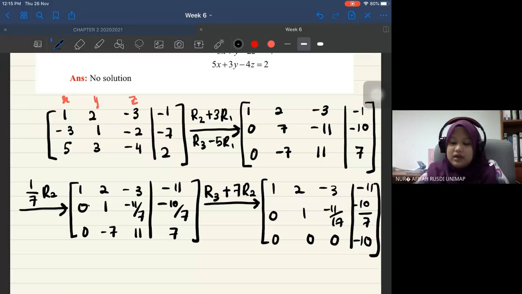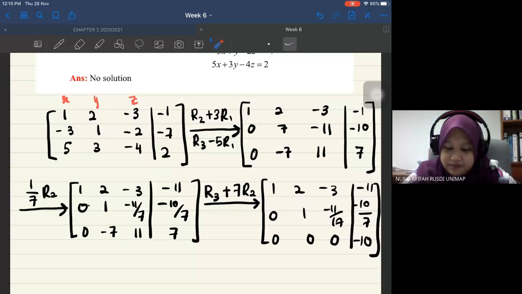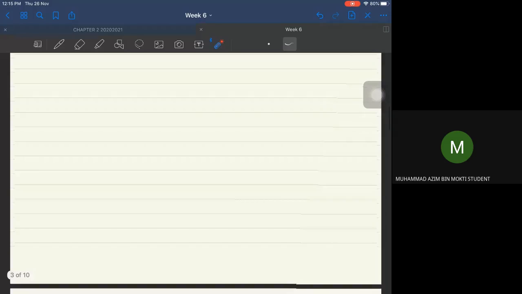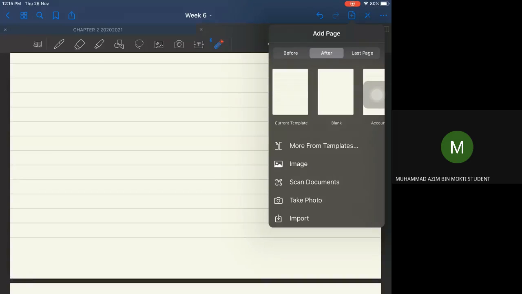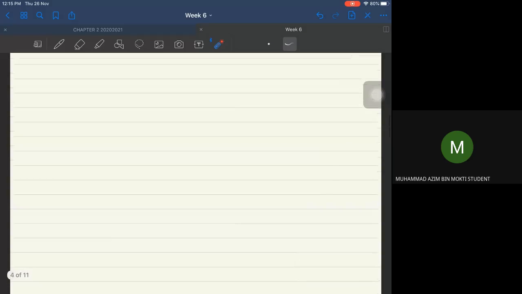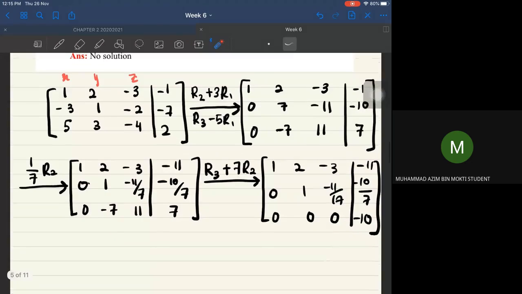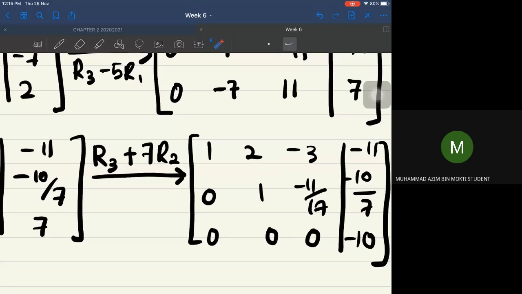Okay. Now we stop here. Why? Because this has become zero. How do we make this zero become 1? Can or cannot? Cannot, right? We cannot make it 1. So we have to stop, because we can no longer proceed. But if you look at the final matrix here, it is still in REF form. Right? If you have a row that consists of all 0, that row must be at the bottom. So this is the first condition. The second condition, the first non-zero is 1.